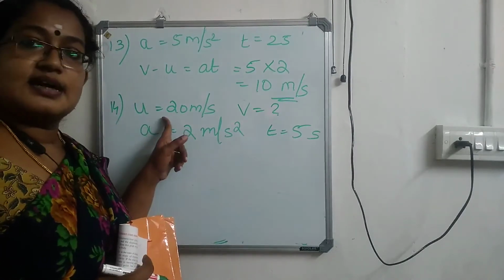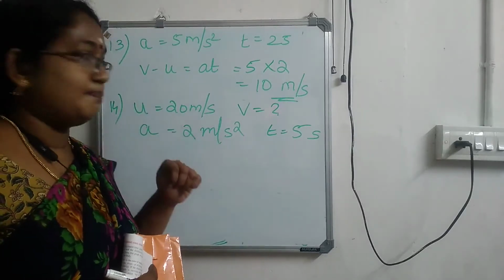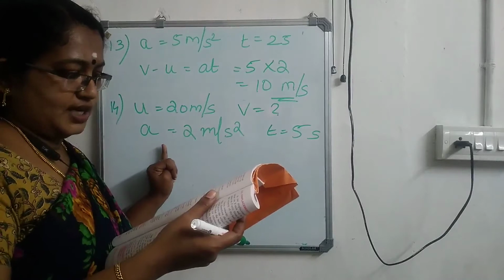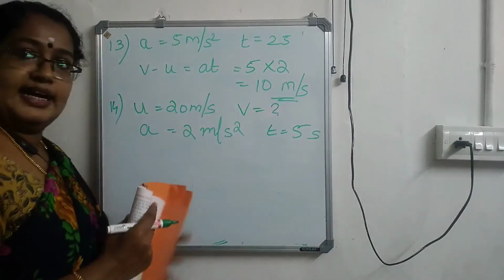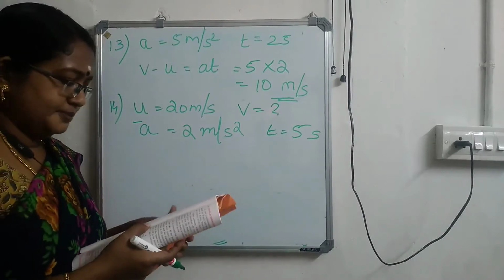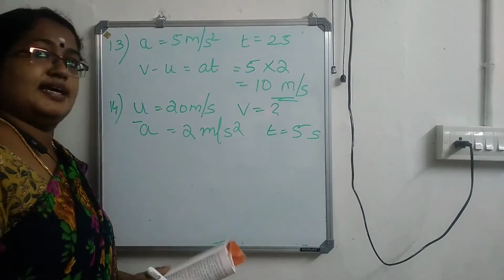So, first the car was moving with a speed of 20 meter per second. Then brake was applied to produce a retardation. It is actually retardation, not acceleration. You are having the retardation. Then what will be the velocity after 5 seconds?